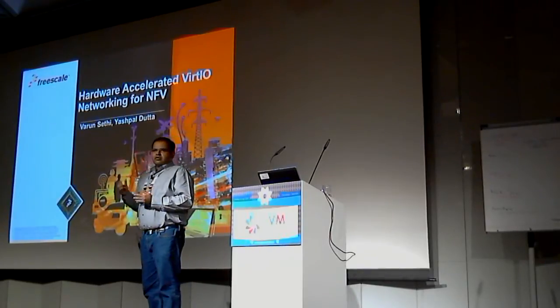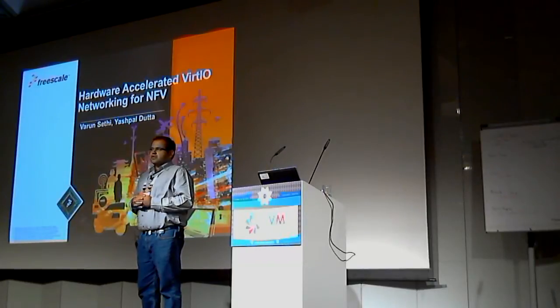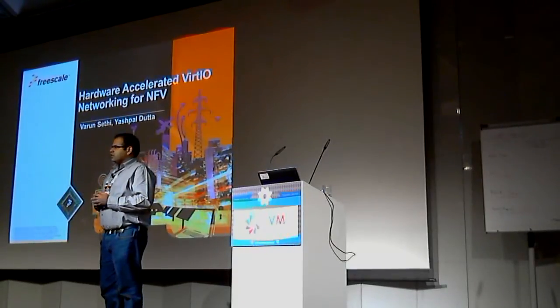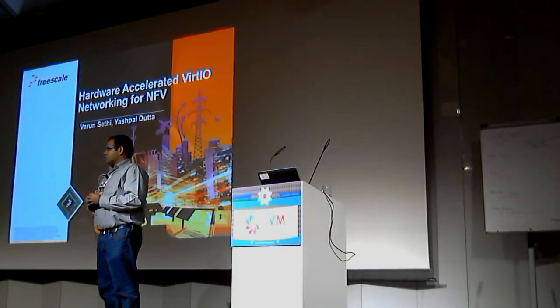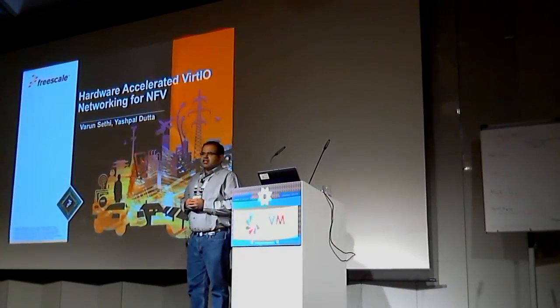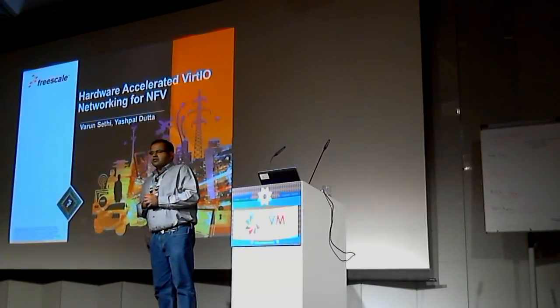We'll look at the performance issues related to VirtIO when we use network function virtualization, and we'll see how we can accelerate it using hardware features. Today, I'm Varun Sethi, and my colleague Yashpal Datta and I will be conducting the session.